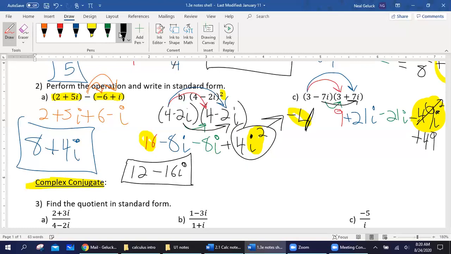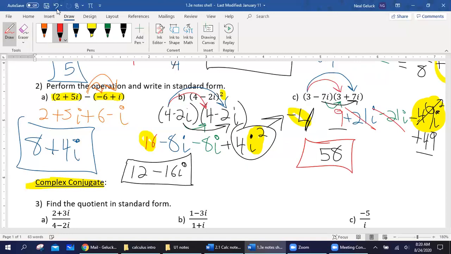So if I combine the 9 and the 49, that's going to be 58. But here's the important part to note on this. The imaginary parts canceled out with one another, 21i minus 21i. So I was only left with the real part.